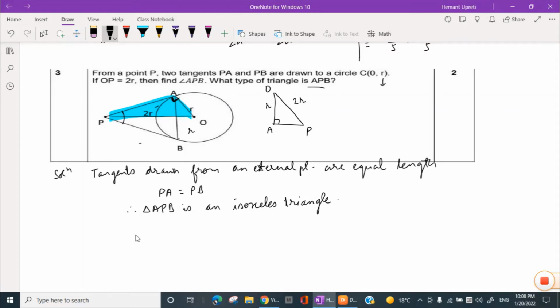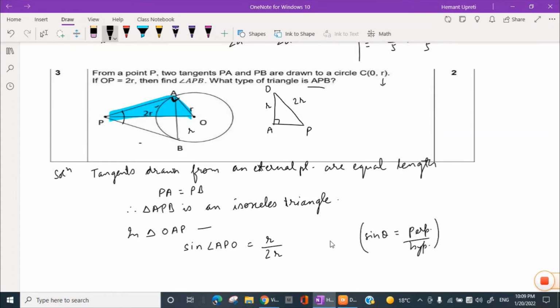अगर आप यहाँ से देखें इन ट्रायंगल OAP, तो आप क्या कह सकते हैं, साइन ऑफ एंगल APO is equal to perpendicular upon hypotenuse. Sin theta is equal to perpendicular upon hypotenuse, right?